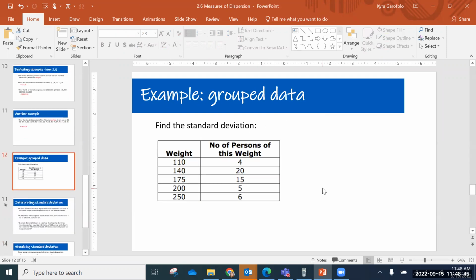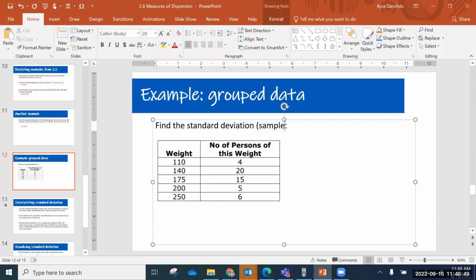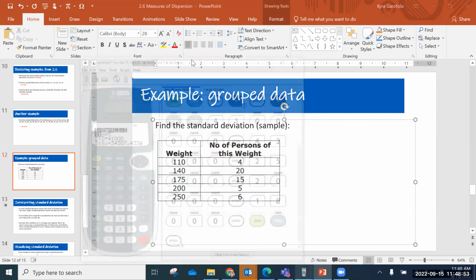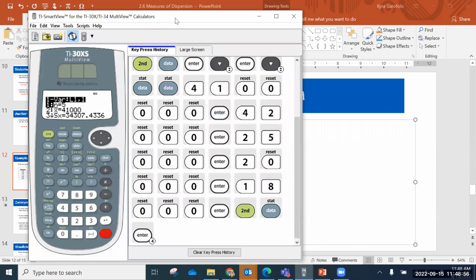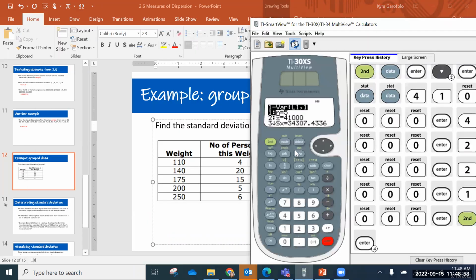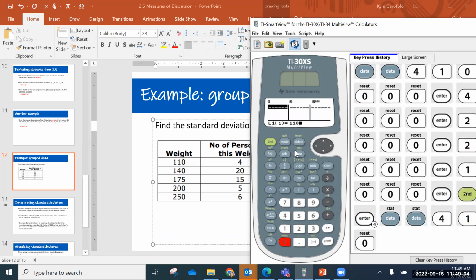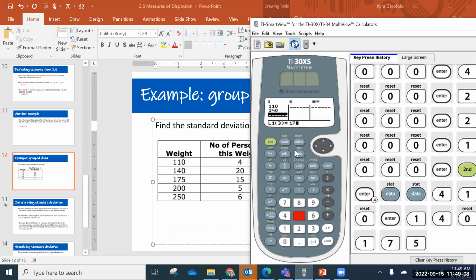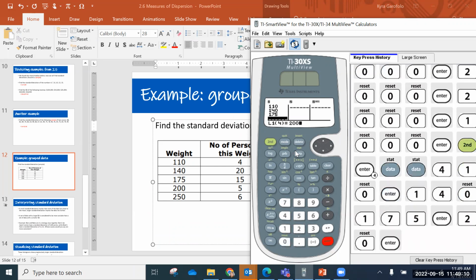Now, if we have grouped data and we want to find the standard deviation, let's assume it's a sample. Then we need to do the same thing in our calculator that we did with grouped data before. We're going to press data twice to clear it. We have 110 here, 140 here, 175 here, 200, and 250.